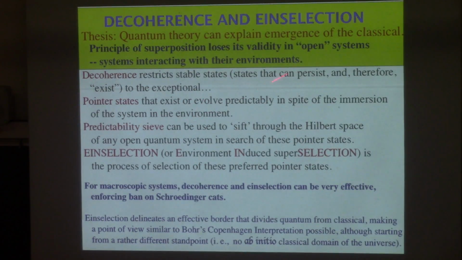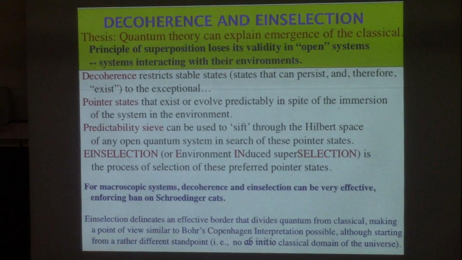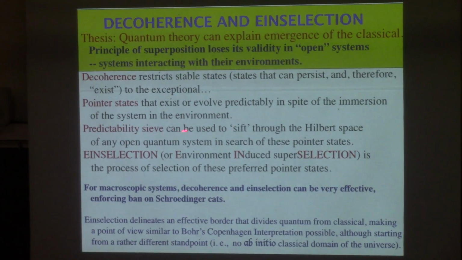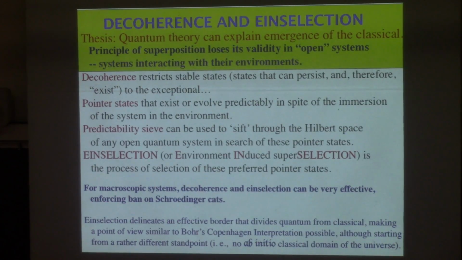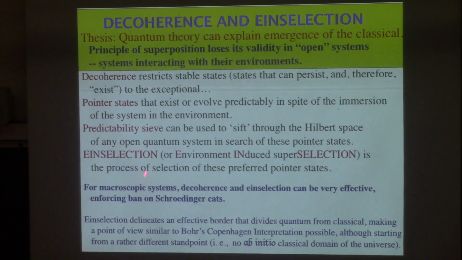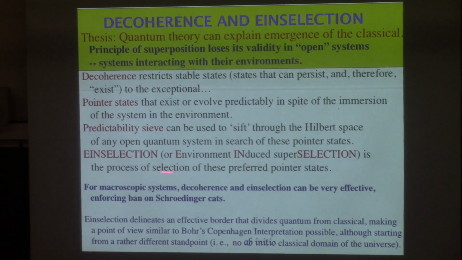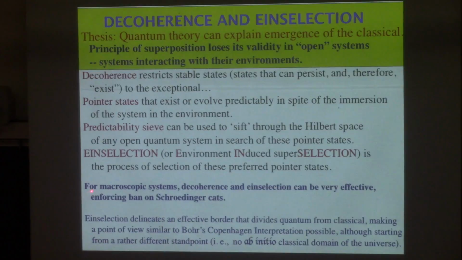They exist and evolve predictably, in spite of the fact that the system is immersed in the environment. Predictability is a strategy, as I've explained before, that can sift through the Hilbert space and lead you to the corner which has that property of stability. So, environment-induced superselection is a process of selection of these preferred states.